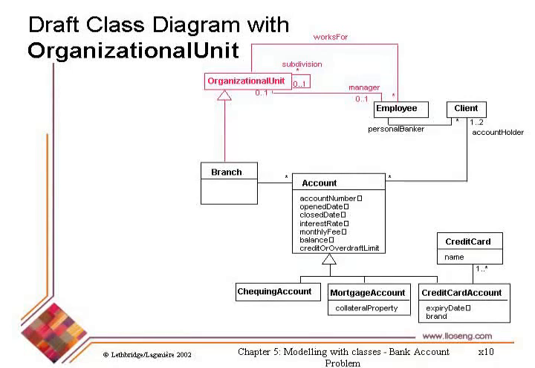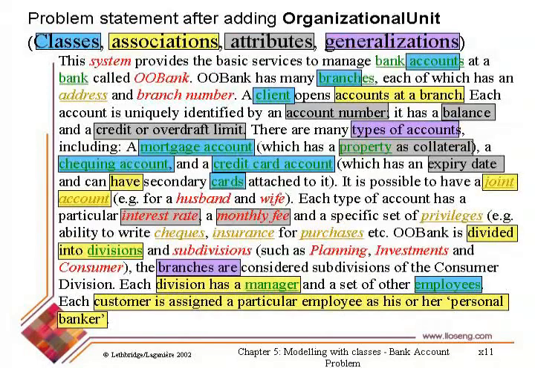Is there any other information that we haven't yet put into this problem statement? Let's go back and take stock. We've got branches, we've got employees, we've got divisions, we call them organizational units, we've got credit cards. We don't have bank as a single unit. We do have managers, we dealt with joint accounts. We don't have address as a separate unit.